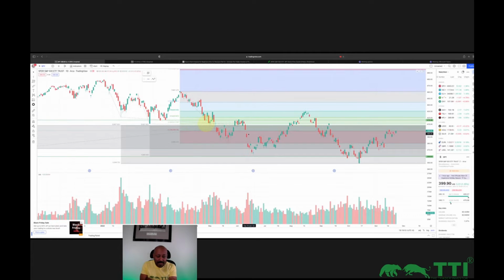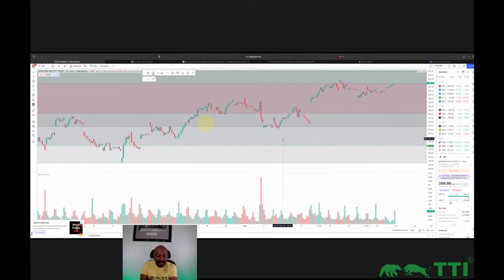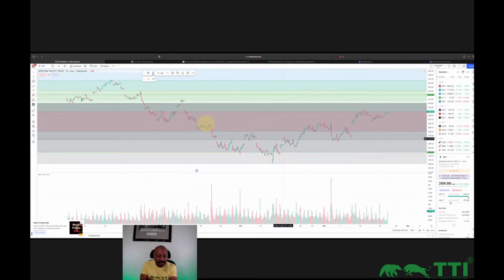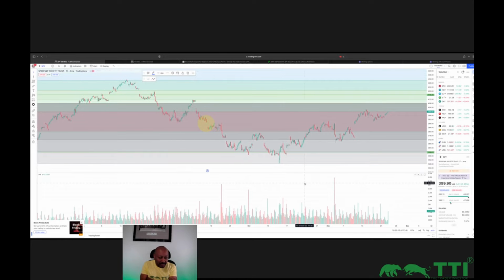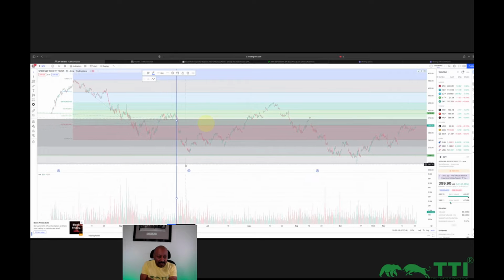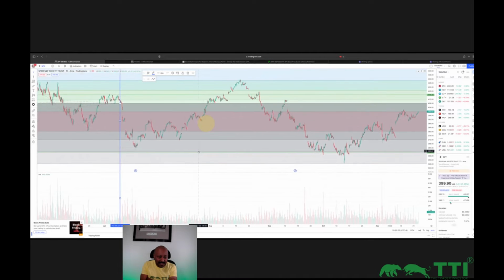Right here, yep. And then now switch to the 1 hour bar, so that we can go back and find it the other way. Just scroll. Now if you zoom out so we can see it clearer. Yeah, like that.